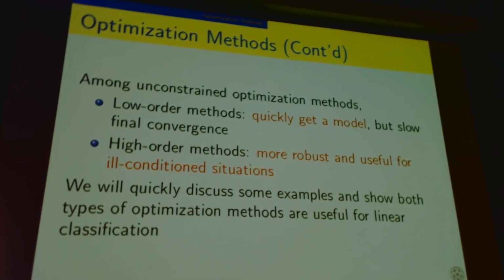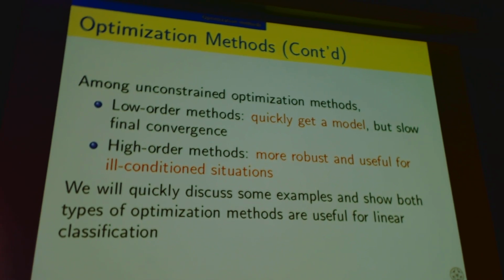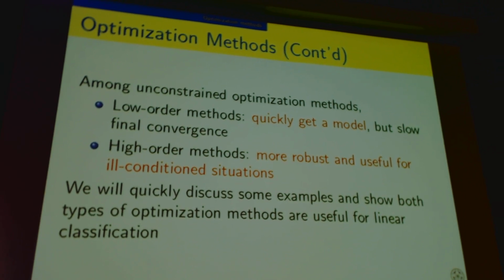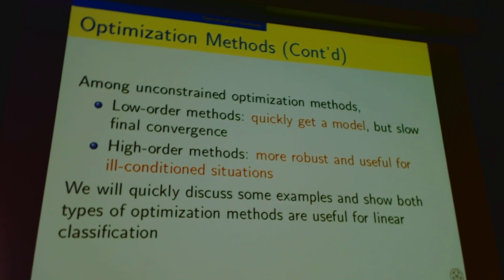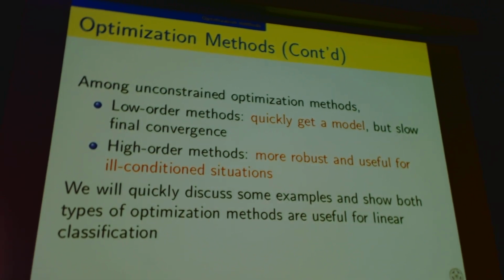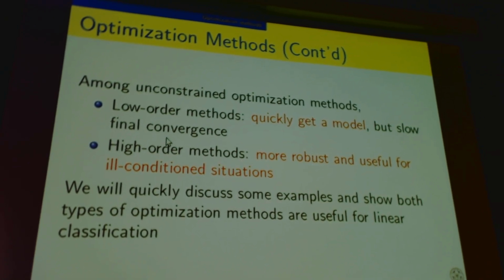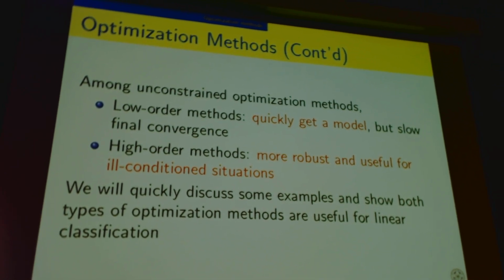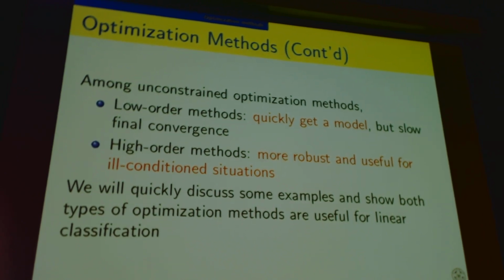The special property of such methods is that you can quickly get an approximate solution, a very rough approximation. And because an approximate solution can already lead us to have a model, you can quickly get a model, but usually you get very slow final convergence. That means if you want to accurately solve the optimization problem, this type of method is going to be slow.